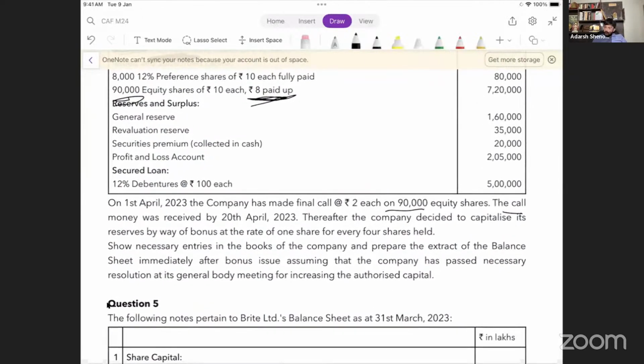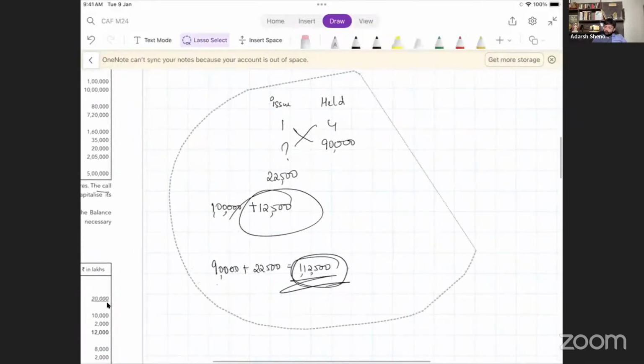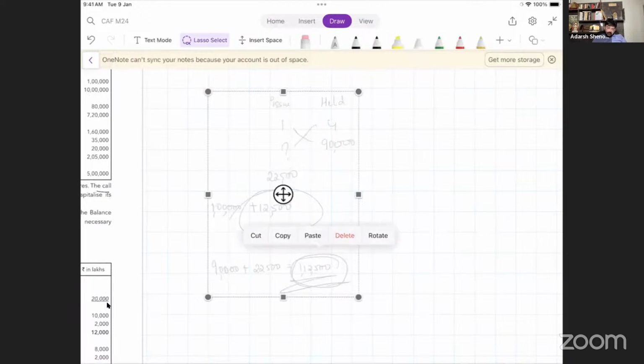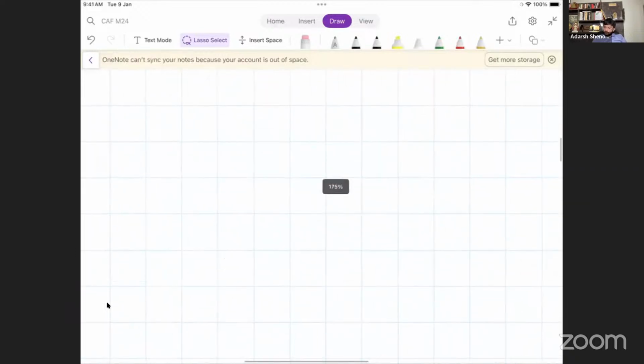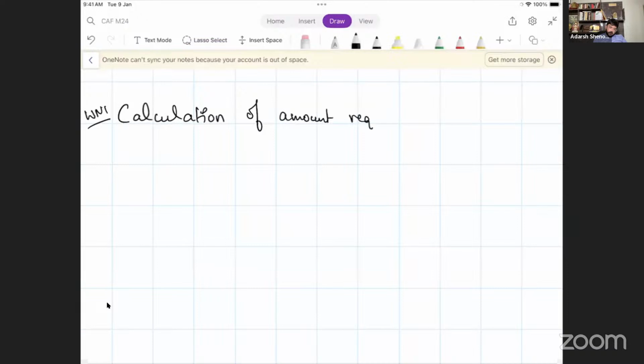Yes. Let's write a note first before we go ahead and pass the journal entries, prepare the balance sheet, and all of that. Working note one, calculation of amount required for bonus issue, or amount of bonus issue.